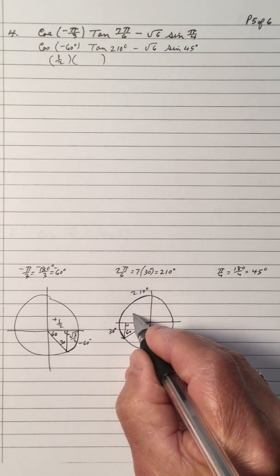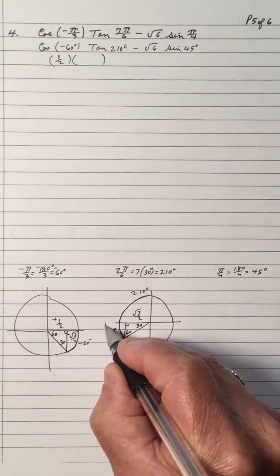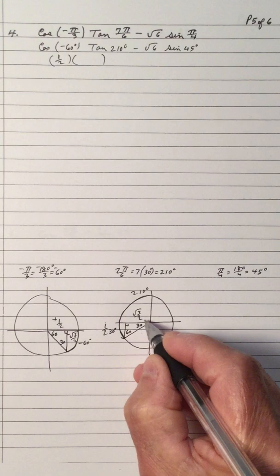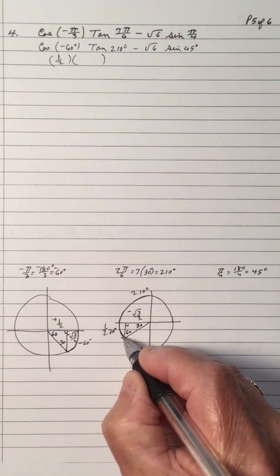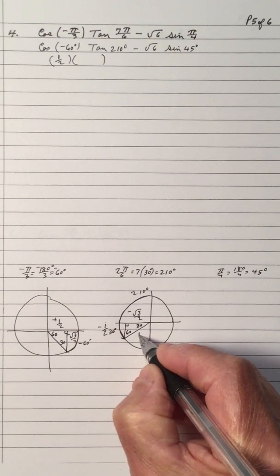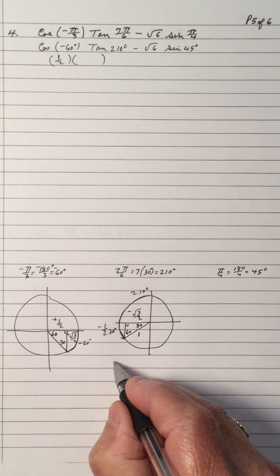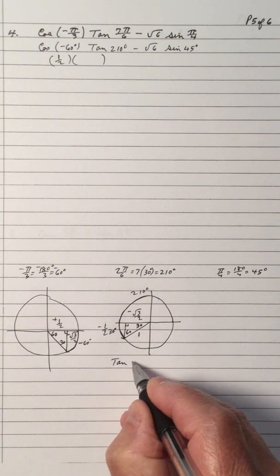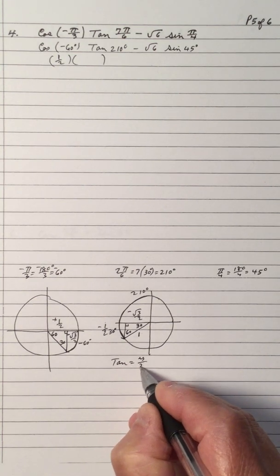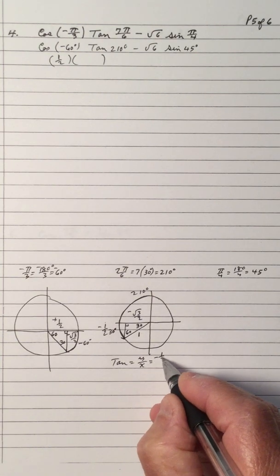Opposite 60 is root 3 over 2. Opposite 30 is a half. And the x is negative, and the y is negative, because the x is going to the left, the y is going down, with the radius of the circle 1, or the hypotenuse. So the tan is the y over the x. The y is negative 1/2.